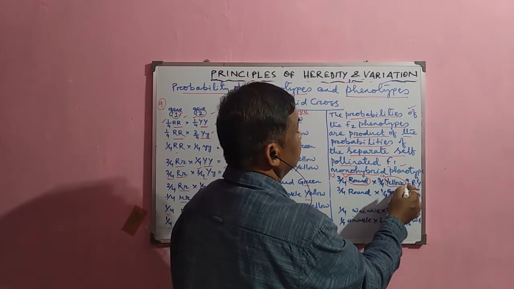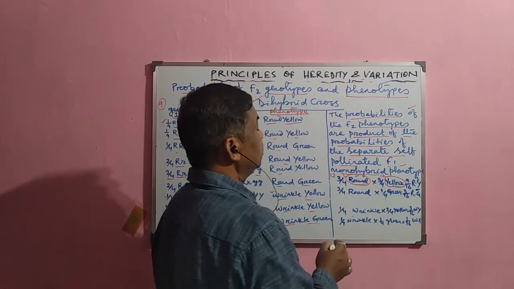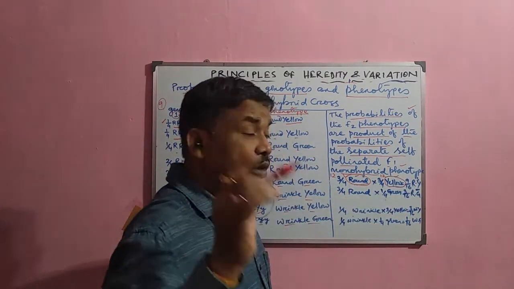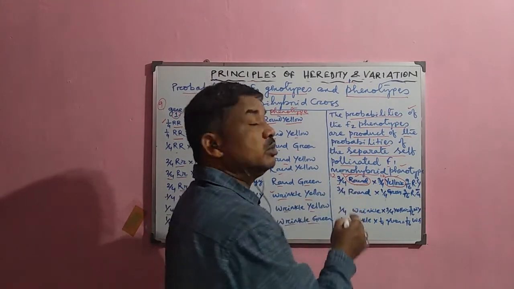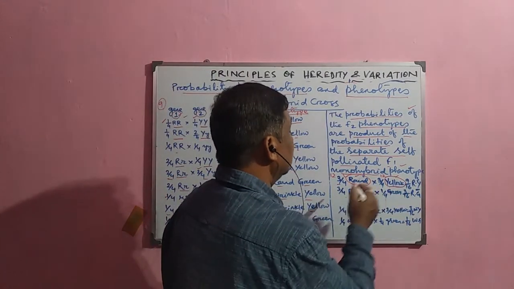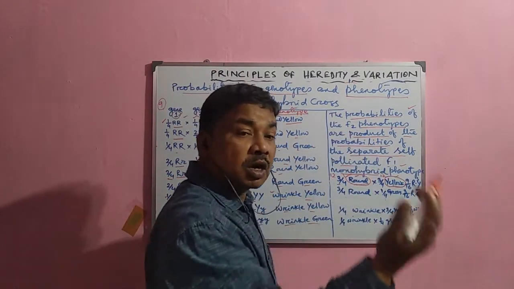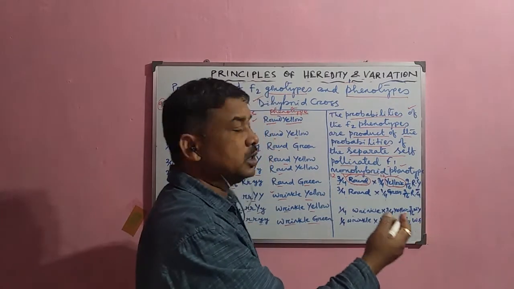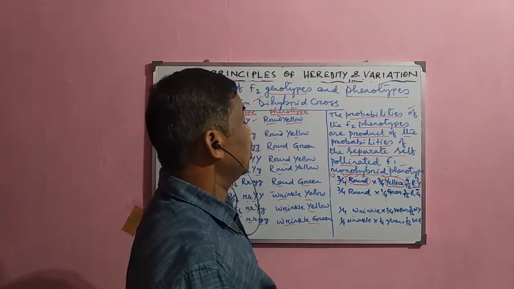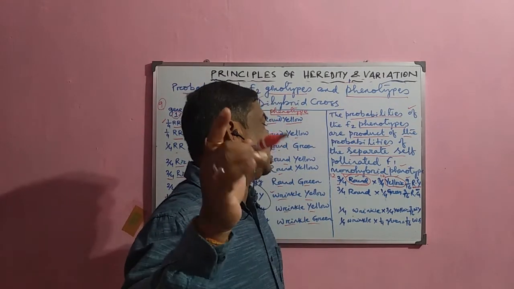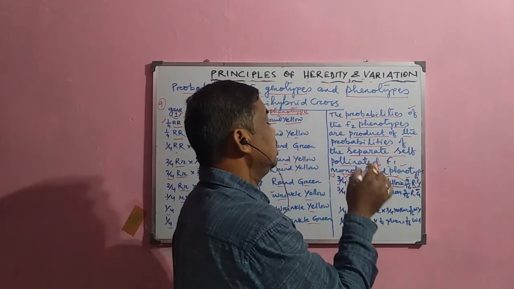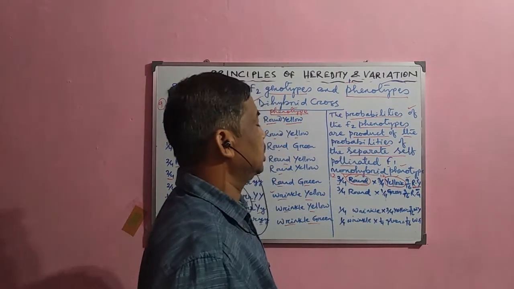Now in the monohybrid, it is only one character, and the other character is yellow. So now the round character is 3 by 4 and yellow character is 3 by 4. Now round and yellow is just the multiplication of the round probability and the yellow probability, and total it is 9 by 16 round yellow type. So this is the probability of the dominant variety, round yellow, both homozygous and heterozygous.